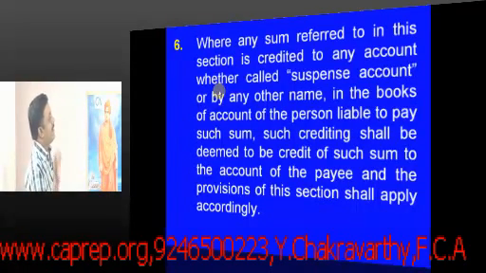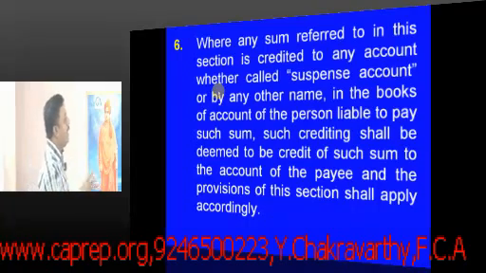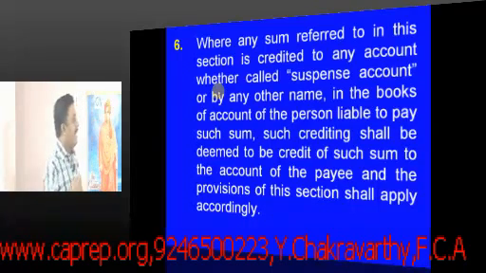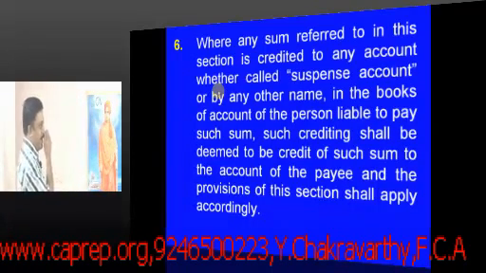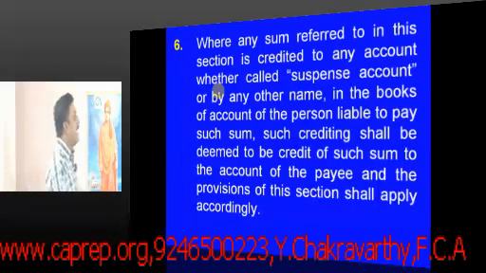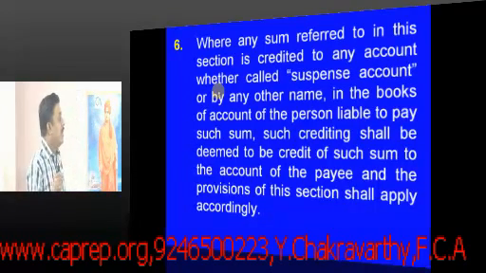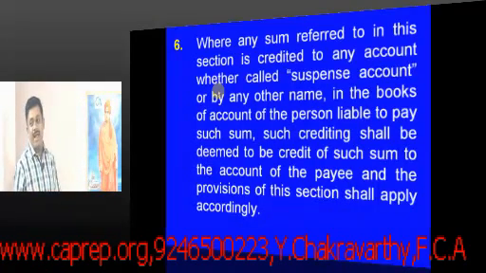Where any sum referred to in this section is credited to any account called a suspense account or by any other name in the books of account of the person liable to pay such sum, such crediting shall be deemed to be the credit of such sum to the account of the payee, and the provisions of this section shall apply accordingly.